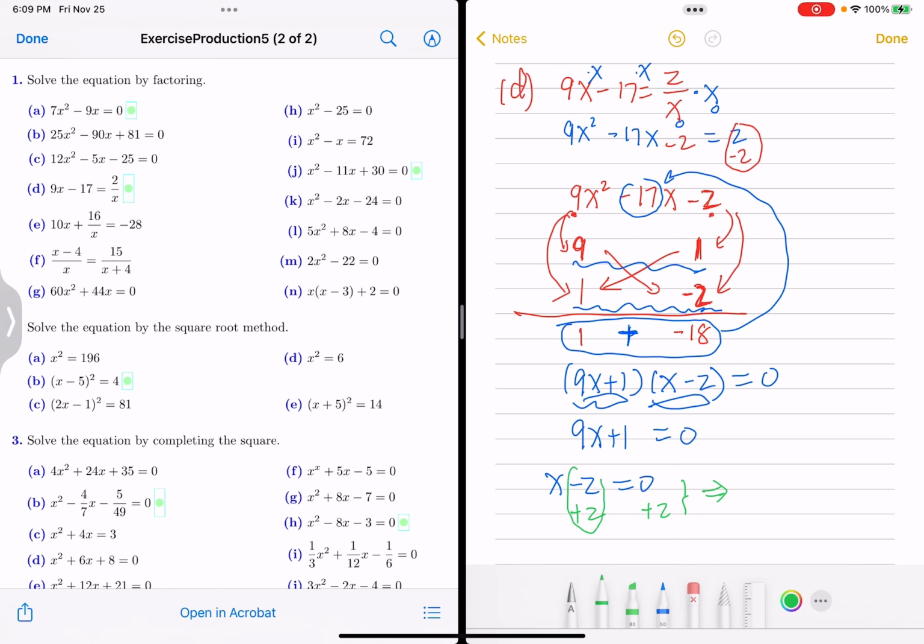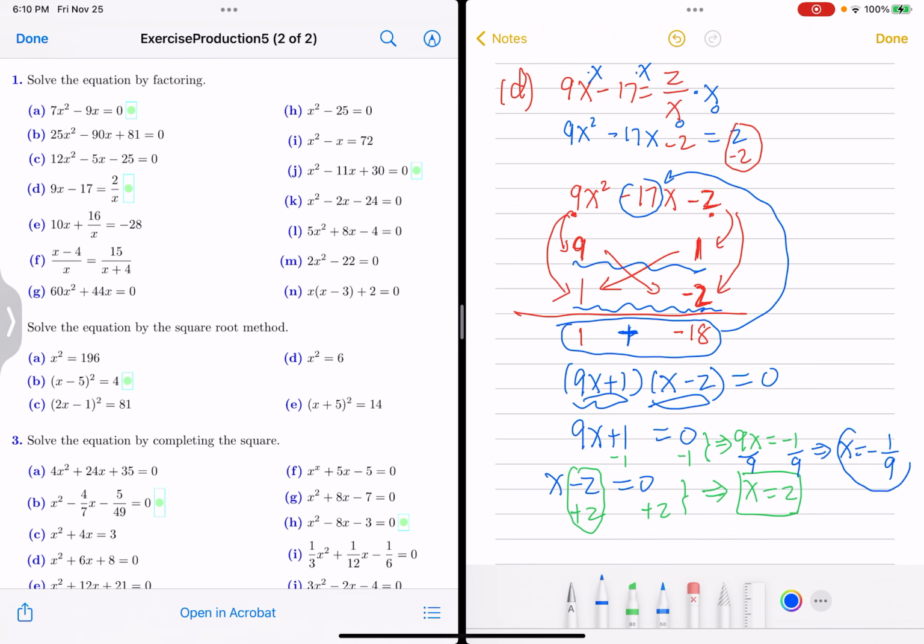These 2 will be cancelled. So you have x equals 2. That's an easy solution. For this one, you just do one more step. Minus 1 on both sides. It will give you 9x equals negative 1. And then you do one more step, divide by 9 on both sides. So you have x equals negative 1 over 9.